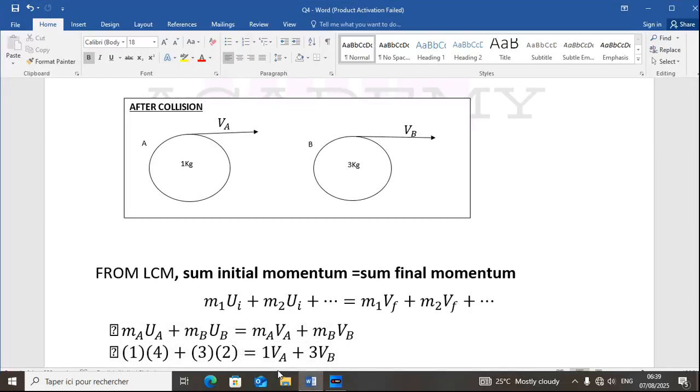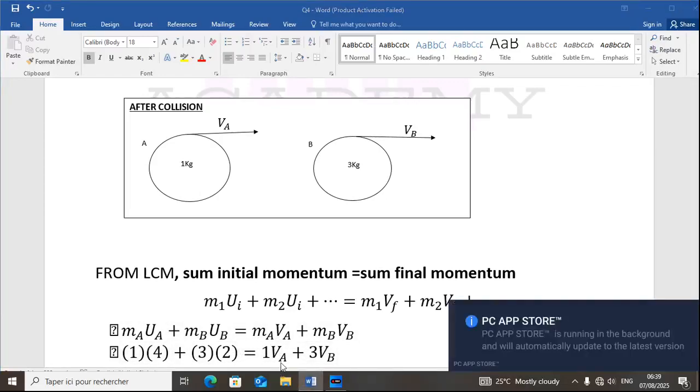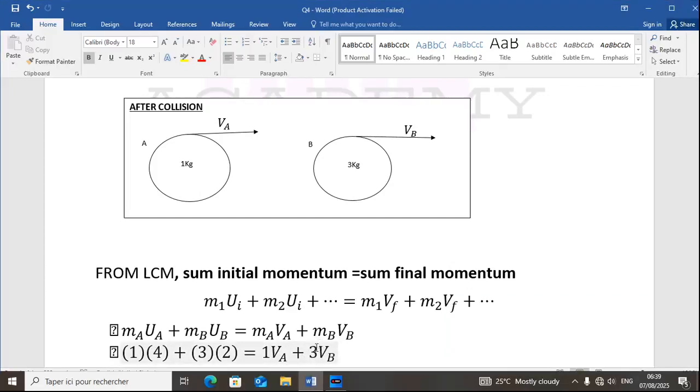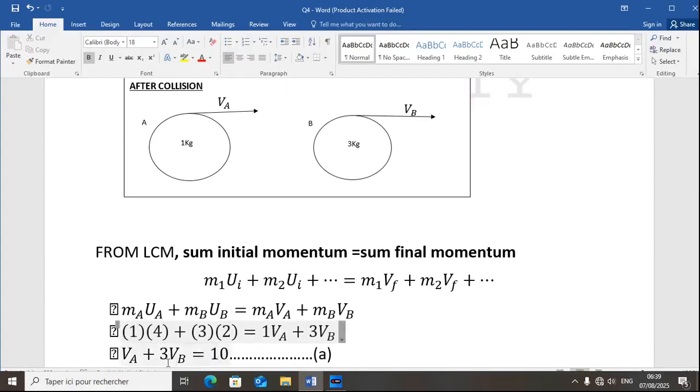Remember, VA is the final velocity of sphere A, plus 3 VB. VB is the final velocity of sphere B. Okay, so if you simplify, we're going to have VA plus 3 VB equals 10, because actually 4 plus 6 is 10. I can call this equation A.